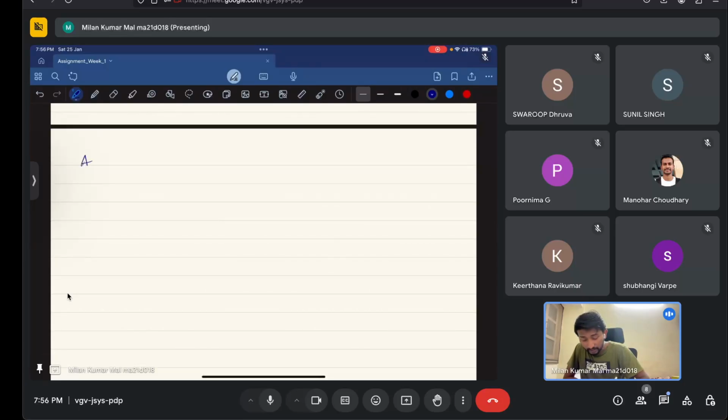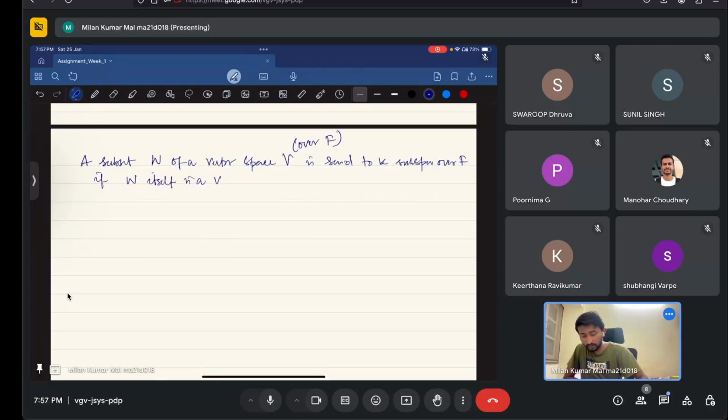A subset W of a vector space V over a field F is said to be a subspace over F if W itself is a vector space over F.